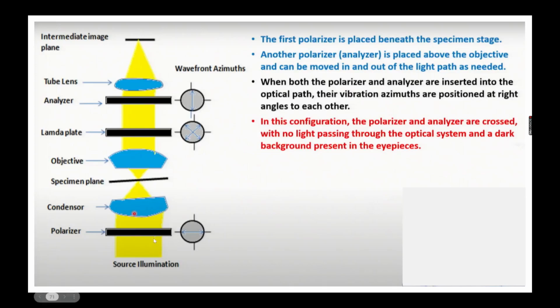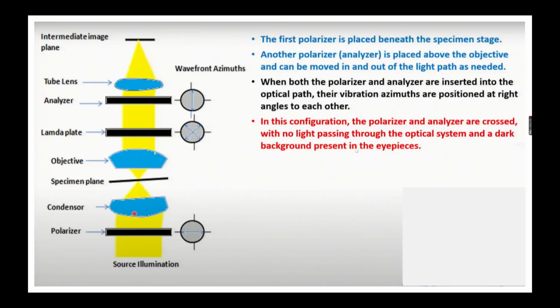When the light is coming, it will pass through the polarizer, and cross polarizer means the analyzer is also a kind of polarizer. Here you can see the direction, this one is horizontal and this one is perpendicular. When these two directions are perpendicular to each other, you get the cross polarized configuration.